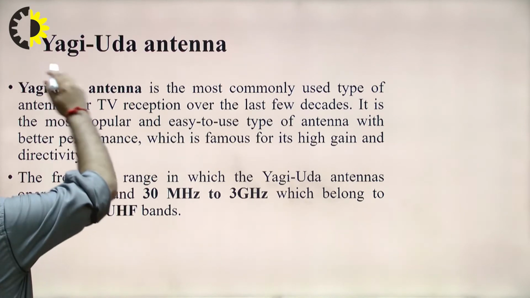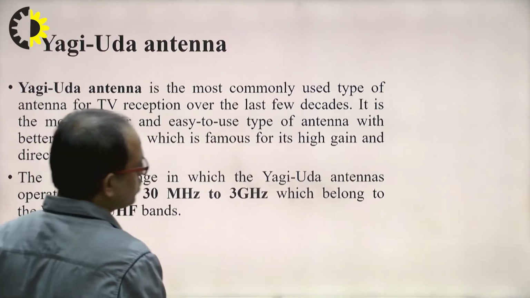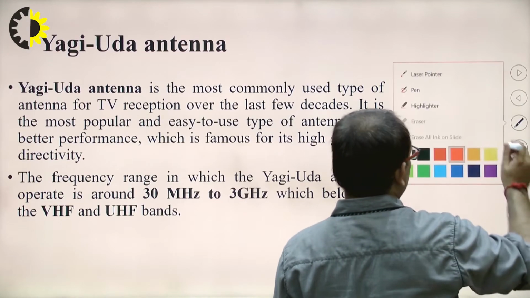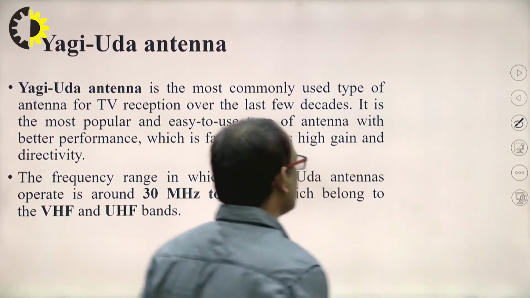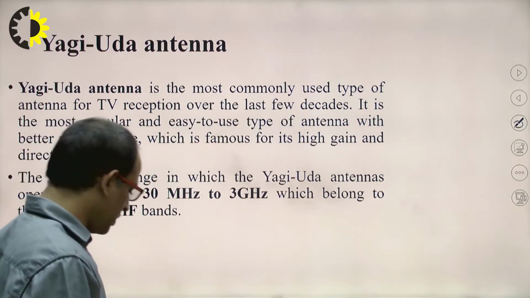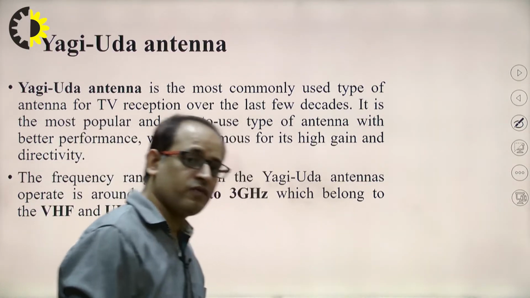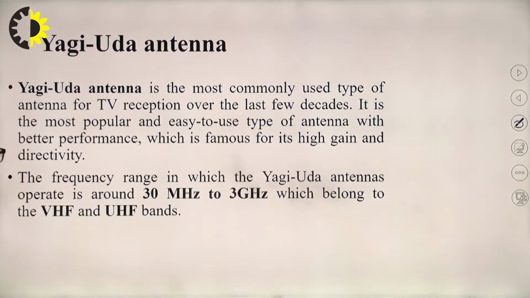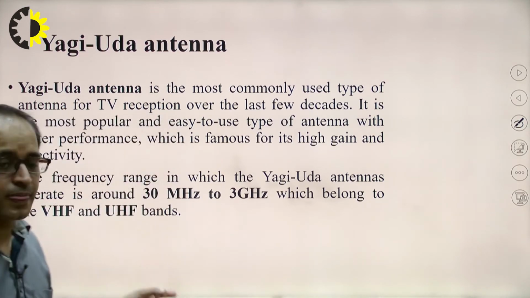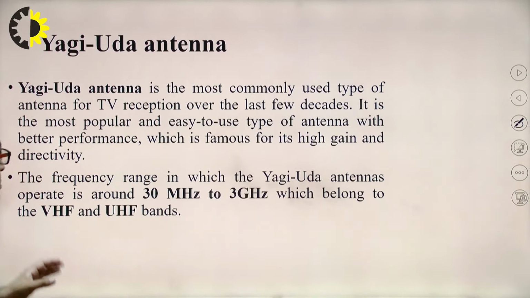So the Yagi-Uda antenna is the most common antenna used for TV receptions. In the earlier days, we used to have a Yagi-Uda antenna instead of the parabolic antennas. In today's time, we are using the parabolic reflector antennas for TV reception or internet purposes.